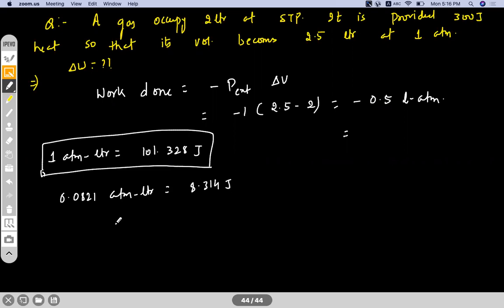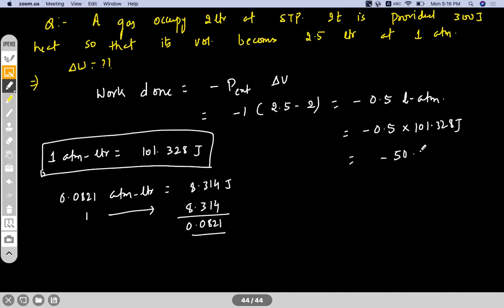So 1 atm liter, you can easily find out, 8.314 divided by 0.0821, joule. With this also we can change 0.5 atm liter into joule. When you solve this, you will get minus 50.631 joule of work done.